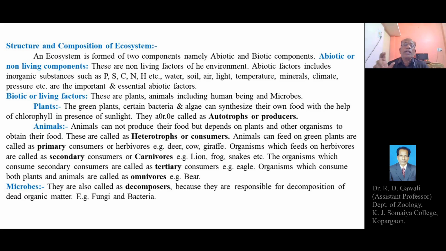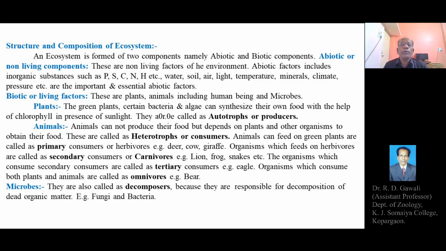So the structure and composition of an ecosystem contains mainly two components, abiotic or non-living, and biotic or living components. So an ecosystem is composed of two components, mainly biotic and abiotic components.